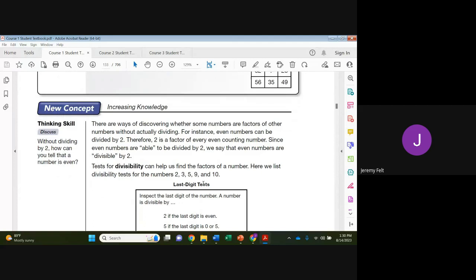We can look at some of these tricks to see if 2, 3, 5, 9, or 10 go into these values. Now for numbers like 7 or 4 or 8, some of those we're just going to have to actually do the division, but remembering some of these things can help us with some of these numbers to remember, is it divisible or not?